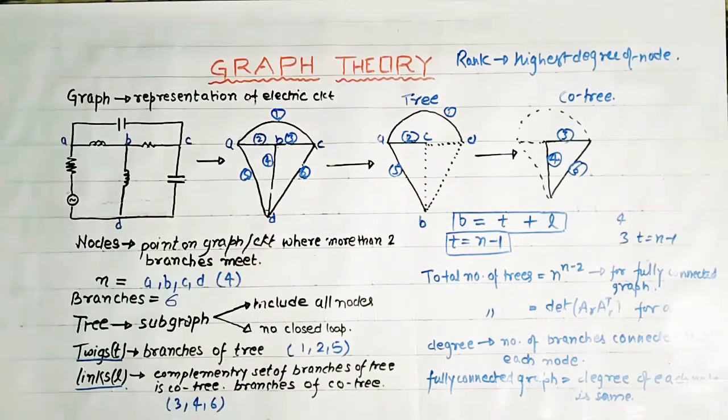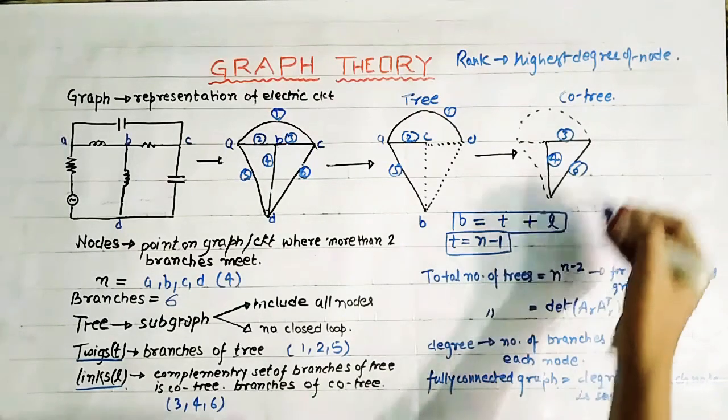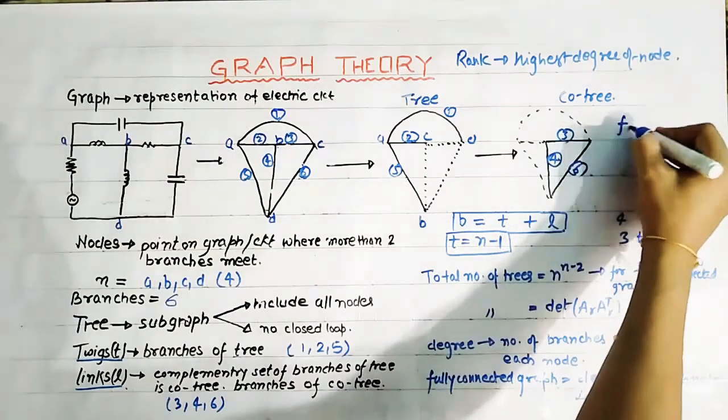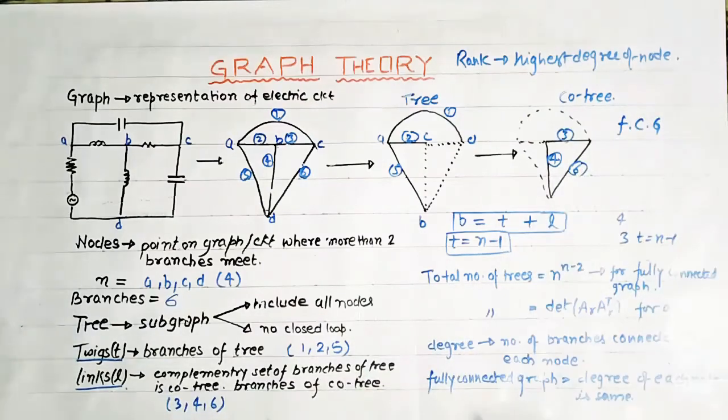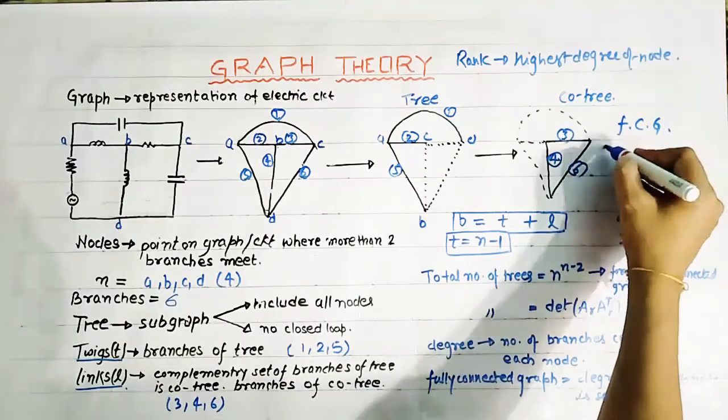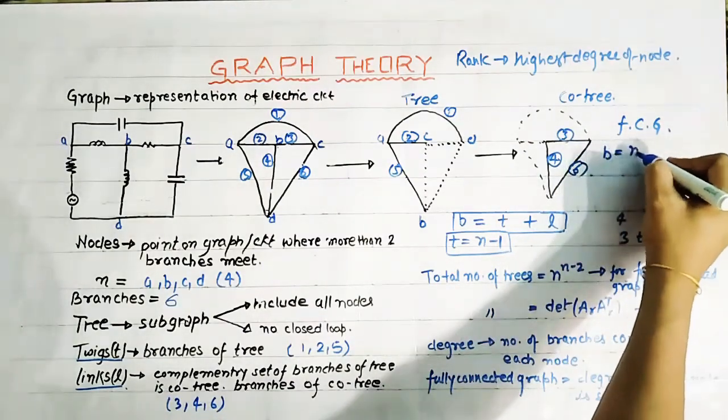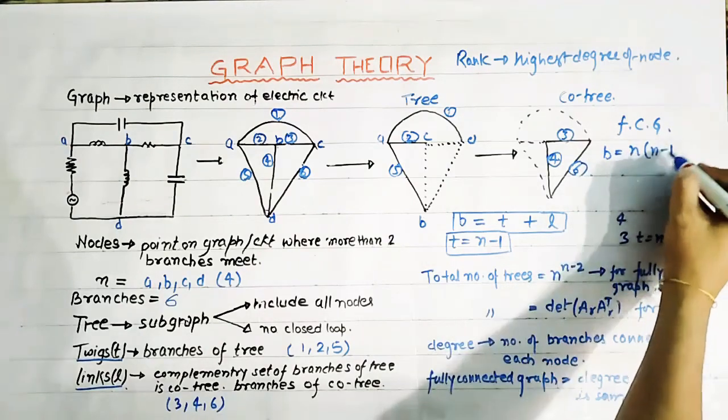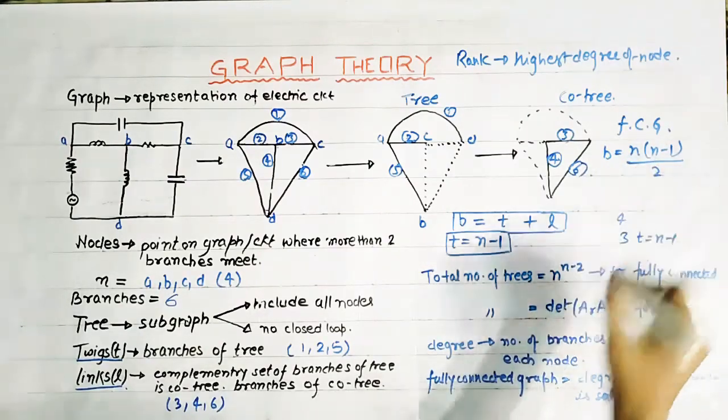Now what is the rank of graph in this case? In this case the highest degree is 3 because all the nodes are connected to 3 branches. So the degree of this graph is equal to 3. Now the number of branches in a fully connected graph. Suppose this is a fully connected graph. Then in that case B is equal to n times n minus 1 upon 2.